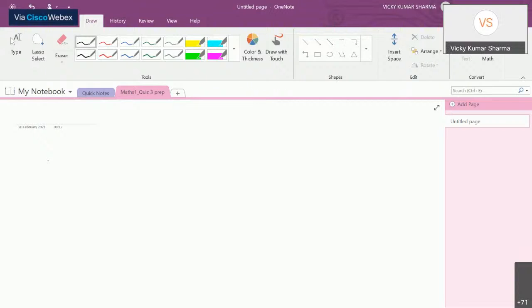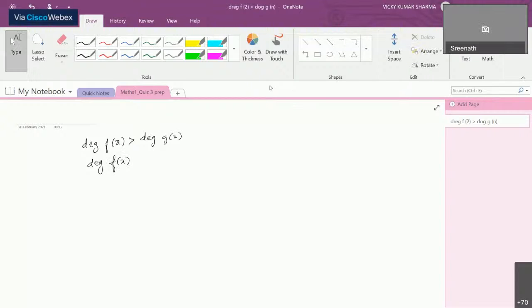So basically here we have been given the degree of f of x. Priyanshu, you asked me this question, right? Sir, I think you're saying the wrong question number. Graded assignment 7, question number 5 is not this.